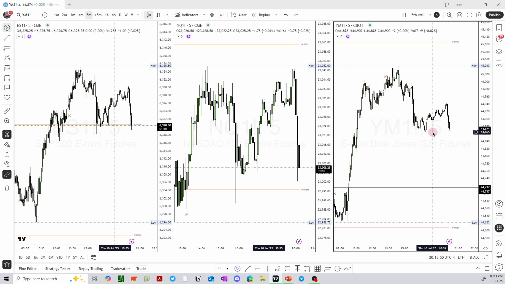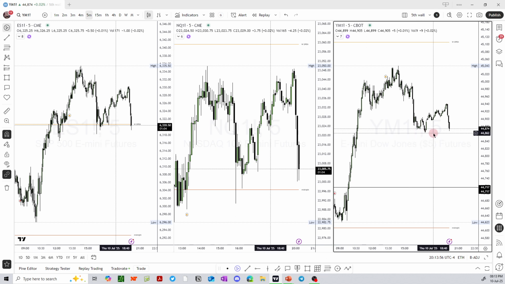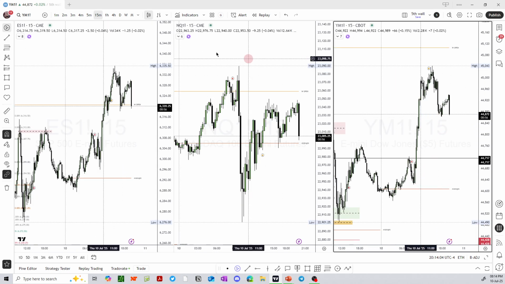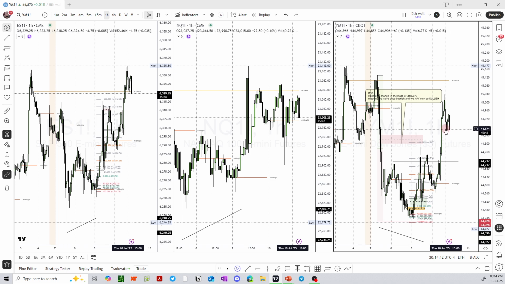So far so good. It didn't run the low. This is a higher time frame, so it looks different, right? You can still see that is a swing low, a higher time frame swing low.